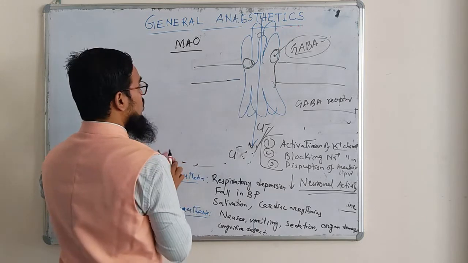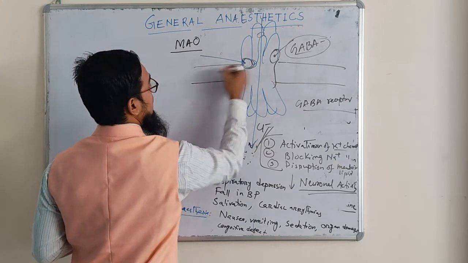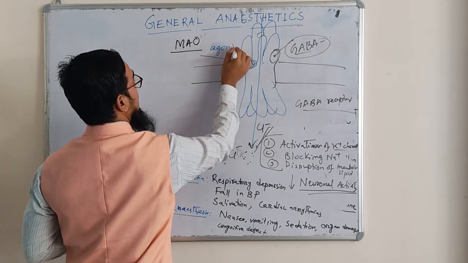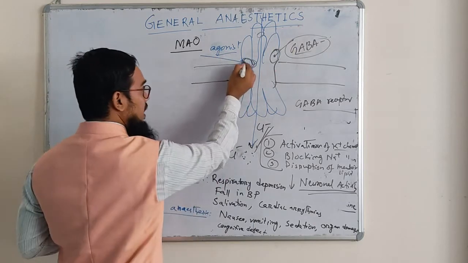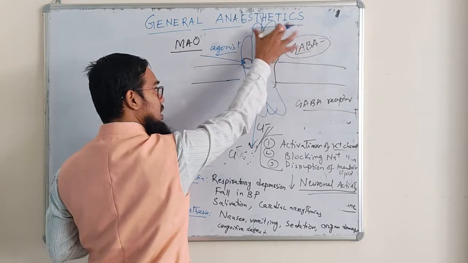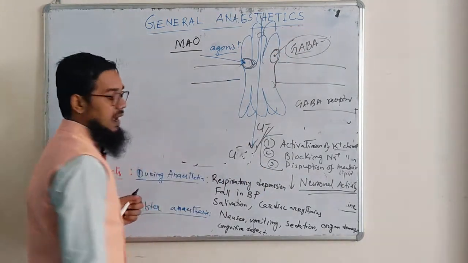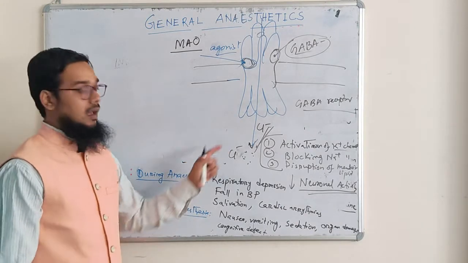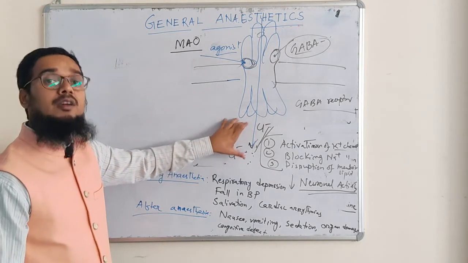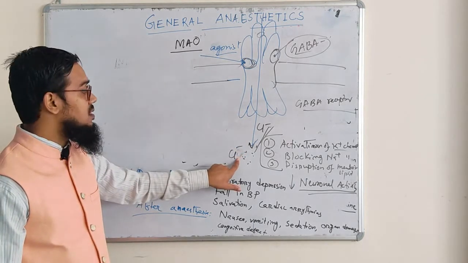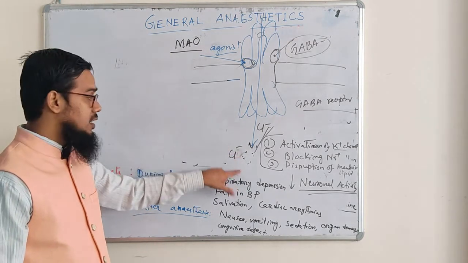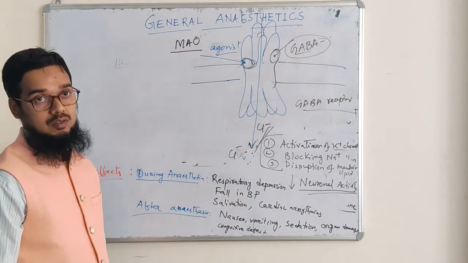They are mainly agonists of GABA, meaning they bind to a different site and open the channel, and chloride ions enter inside the neuron. After chloride enters, neuronal activity decreases because Cl minus is negatively charged, so the action potential voltage of the neuron will decrease and the person will become unconscious. This is the mechanism of benzodiazepines.